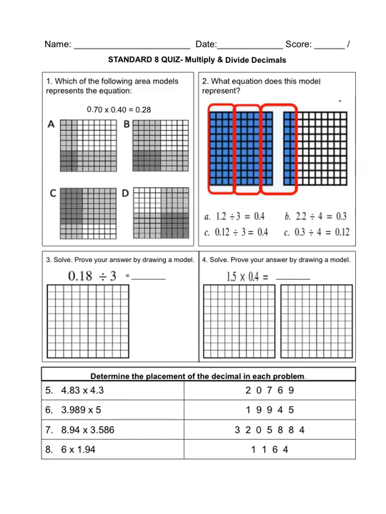Notice that for question number 1 that asks you, which of the following area models represents the equation 70 hundredths, which of course is the same as 7 tenths, times 40 hundredths, which of course is the same as 4 tenths, equals 28 hundredths.